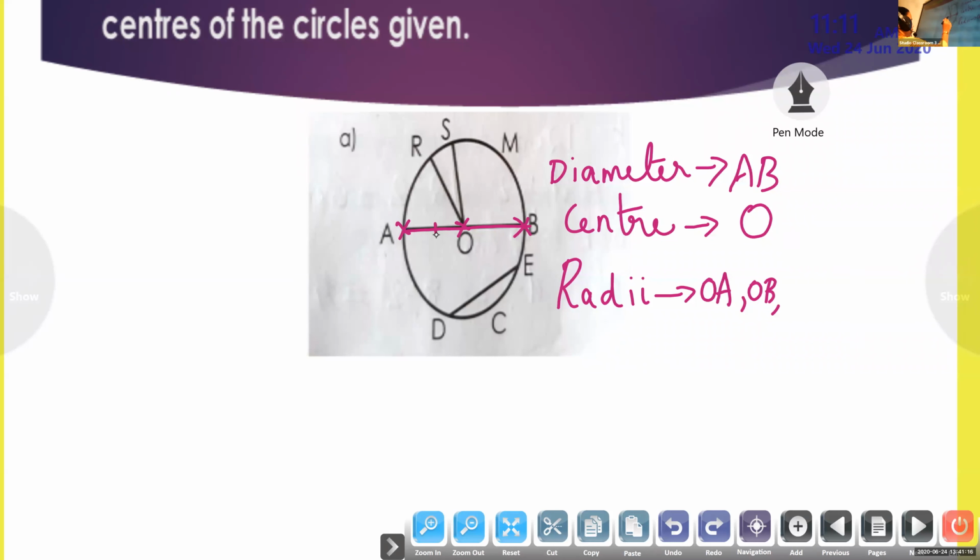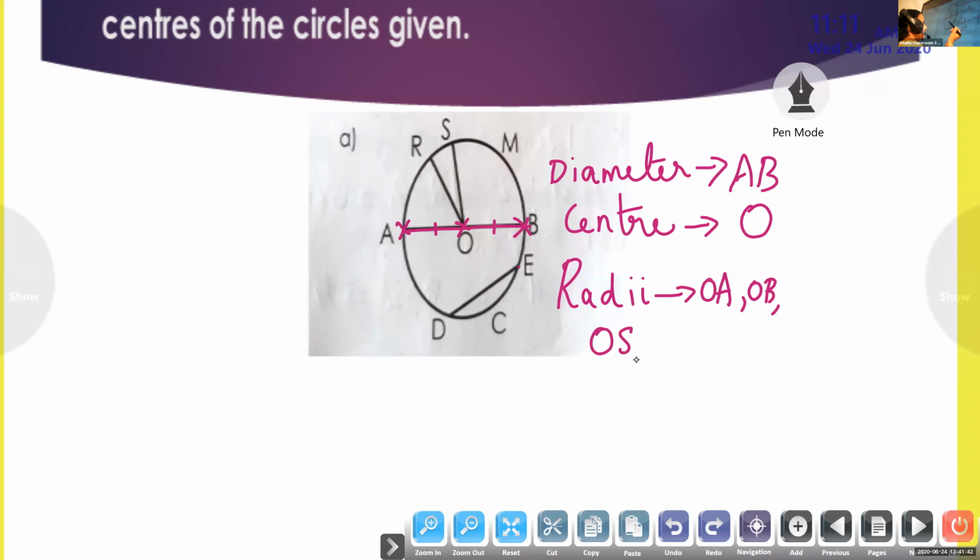That is over. O, B is over. Now, find out any more radii. Can you find out any more? Tell me. E. Where is E here? It is not joining the center. Find out the line segment joining the center O. Ma'am, OS. Oh yes, very good.